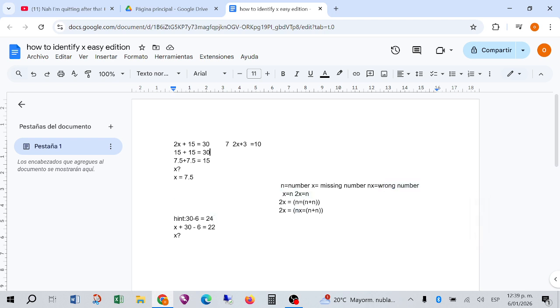So by trying many times, we can find out that one number, in this exercise for example 7, equals 2x, which means it's correct. But if we choose a random number, let's say 6, which we can sum by 3 plus 3, it equals nx because that number doesn't equal 10.